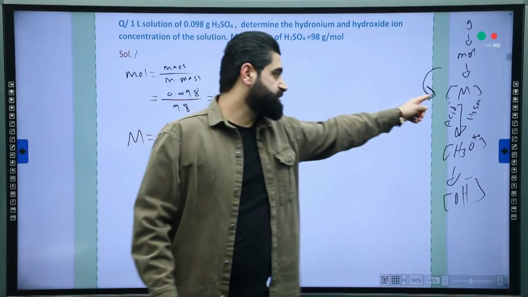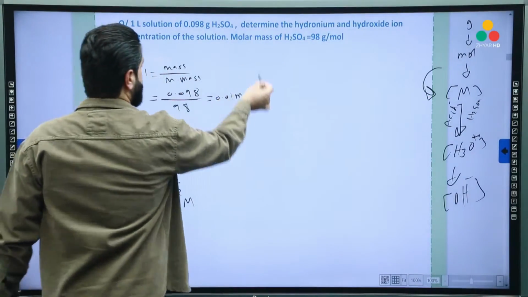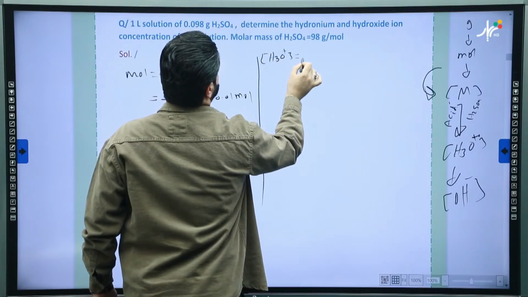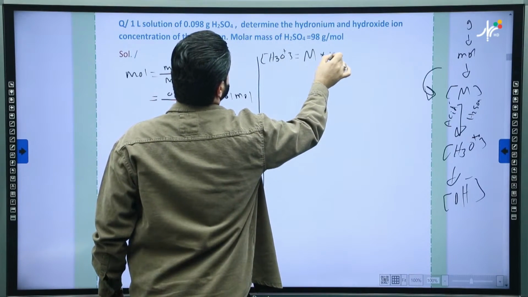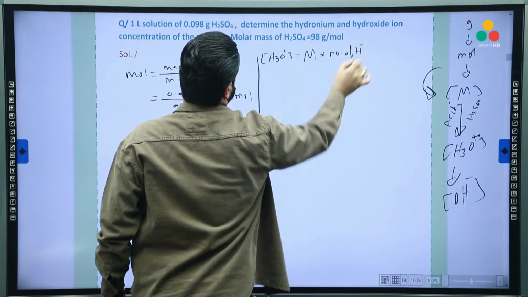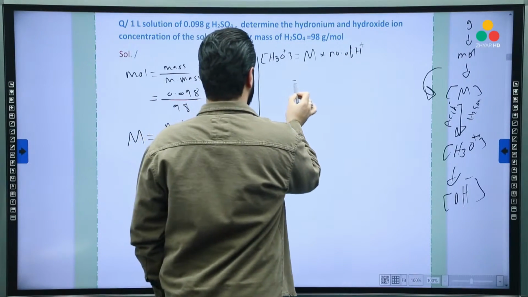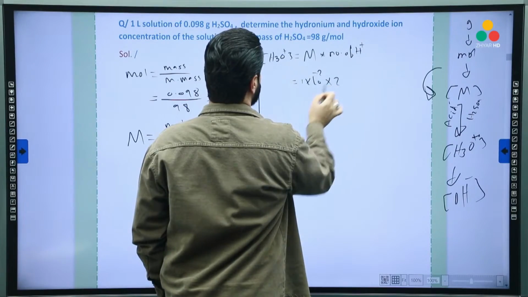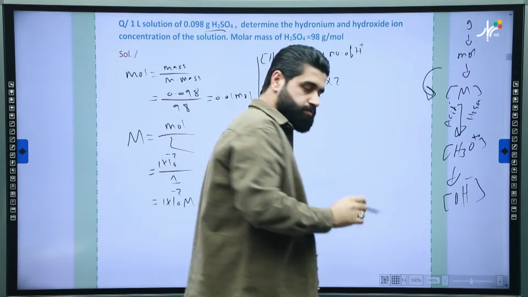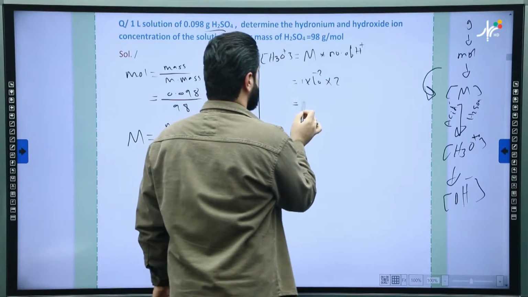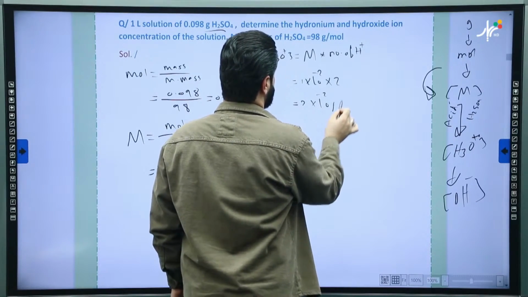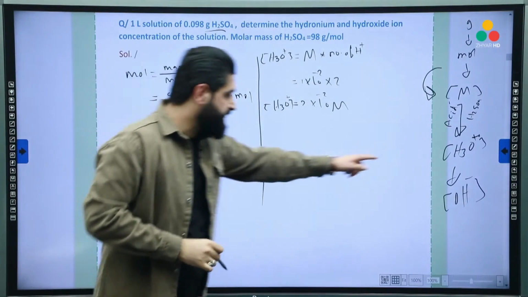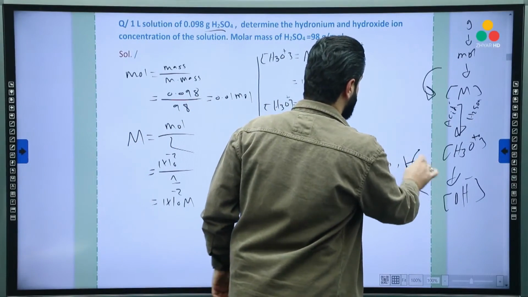Then change molarity into hydronium ion using this formula. H3O equals the molarity of the acid times the number of H in the acid's formula, which is 1 times 10 to negative 2 times 2. Why 2? Because H2SO4 contains 2 protons. So it equals 2 times 10 to negative 2 molar. It's H3O. Then change H3O into OH using the Kw formula.